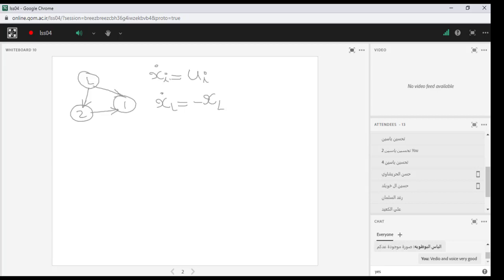Solve this problem, design the controller and the closed loop system, and after that I will ask one of the students to describe this problem for us. You have 10 minutes to solve this problem.